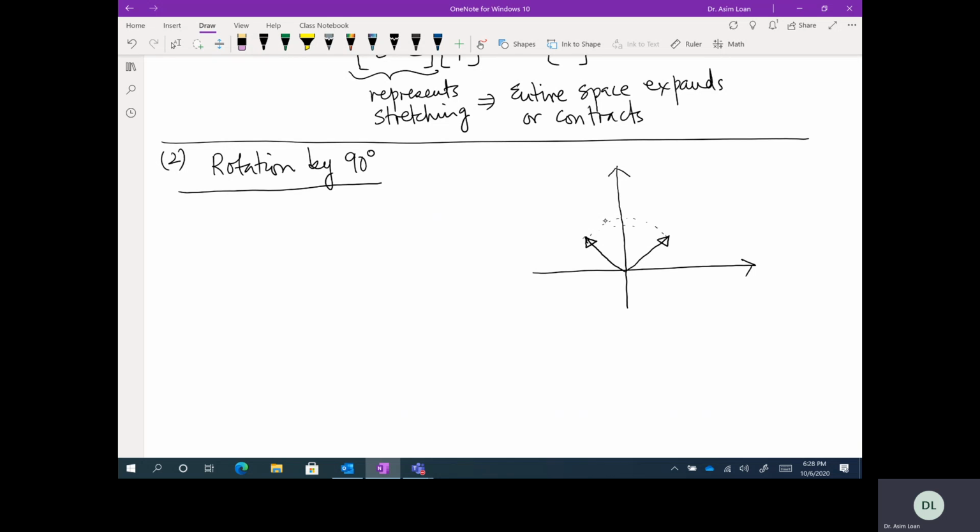The length is the same. This angle is 90 degrees. This is still the origin. This point is (x, y), so if this intercept is x, this intercept is y.